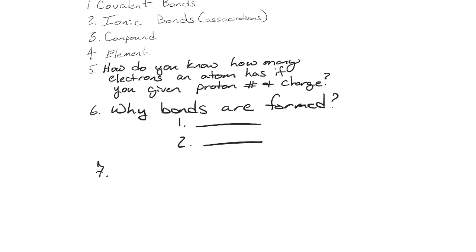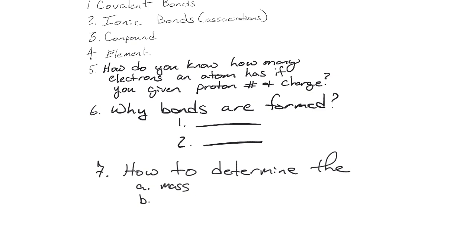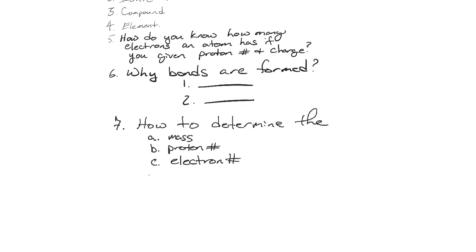Seven, how to determine the mass: A, the mass, B, the proton number, C, the electron number, given the other two of these three.